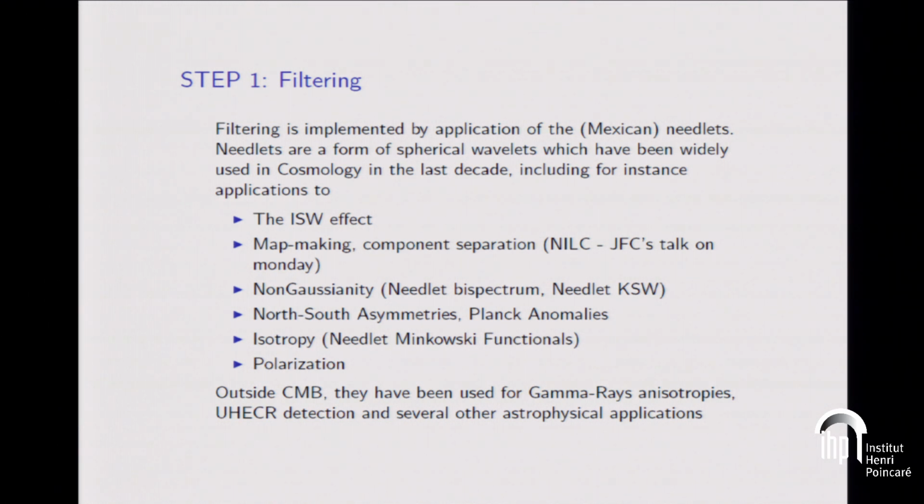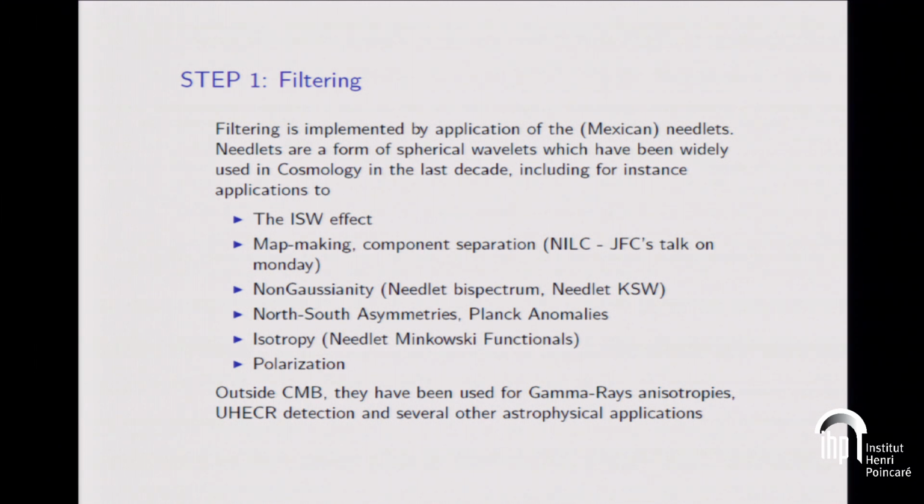Okay, I was saying, I think the first application was this integrated Sachs-Wolfe, then map making, the needlet linear combination, but then many others: looking for non-Gaussianity, there is the needlet bispectrum, there is the needlet KSW, W is here, K was here, but now has gone out, and has never been here, at least in this week.